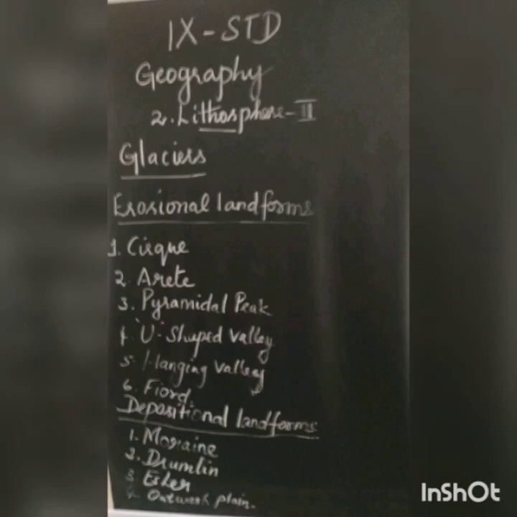Next one, depositional landforms of glacier. After getting eroded, fragments of rocks and boulders along with the dirt form glacier debris. So what are the depositional features of glacier? Moraines, drumlins, eskers, cairns and outwash plains. Moraine.